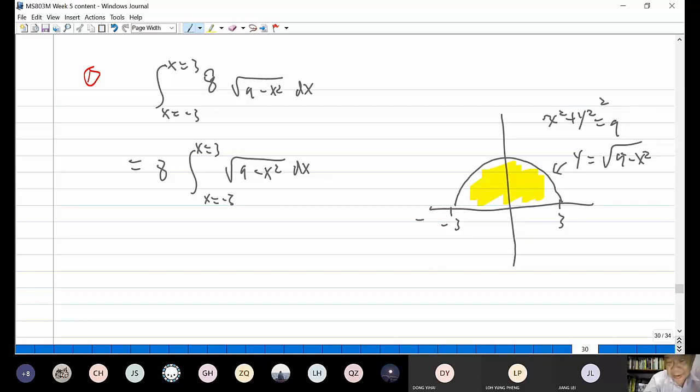Area of a circle is pi r squared. So r is 3, so 9 pi. Half of it is 9 pi over 2.